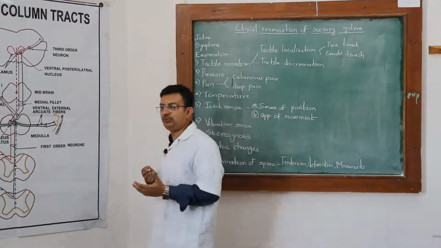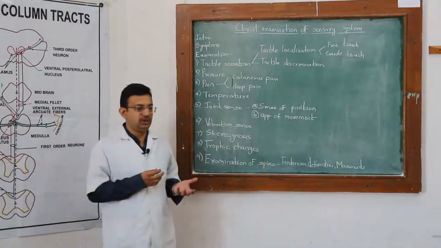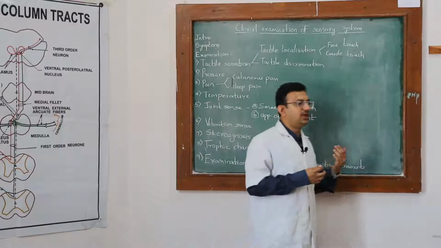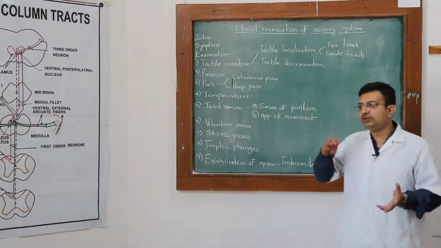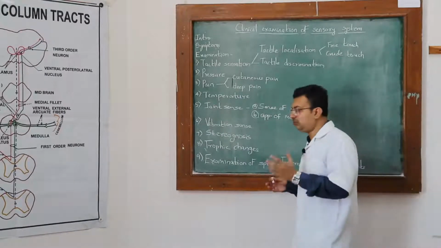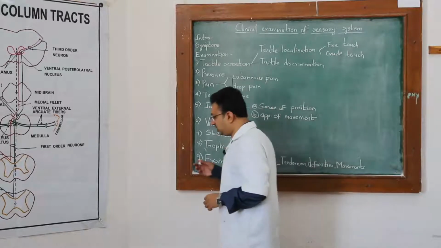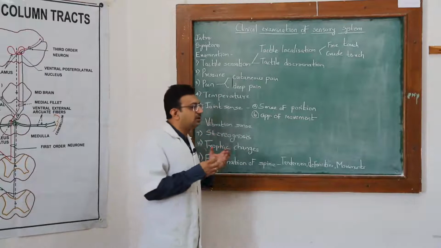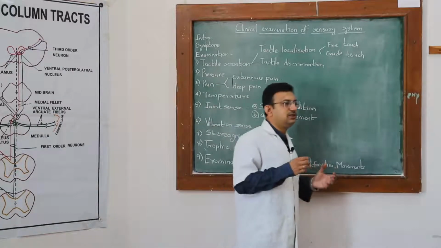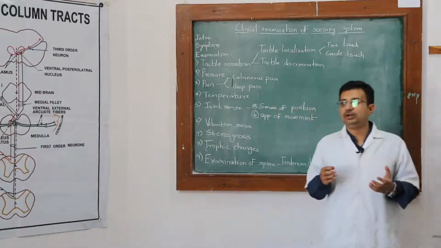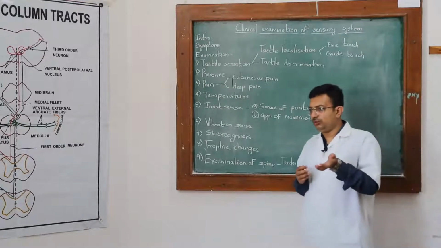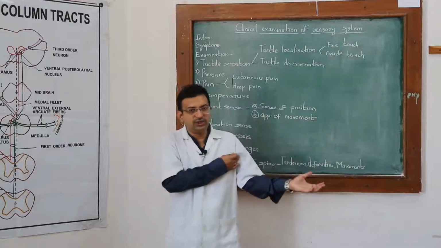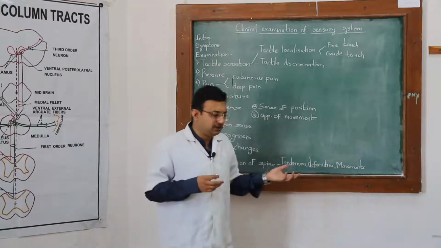Now one of the important sensations is proprioception, in which the inputs are given to the cerebellum as well as to the cortex, about where and how the body parts are moving, the orientation. For the sense of position, ask the person to close his eyes, the examiner will hold the hand and make a movement first at the proximal joint and then at the distal joint.